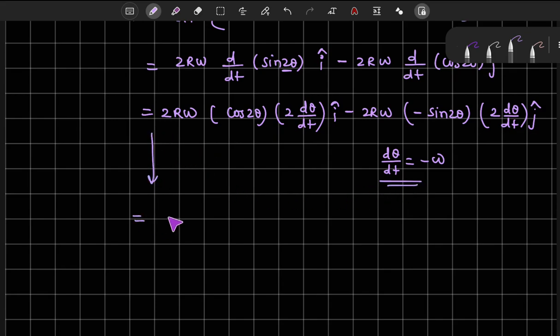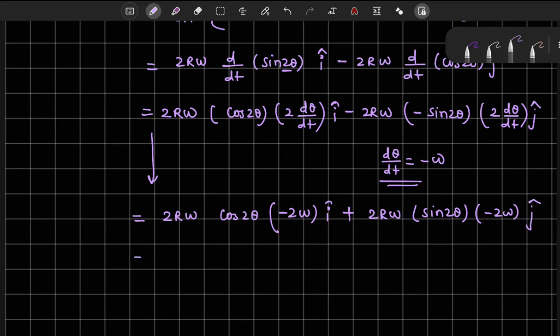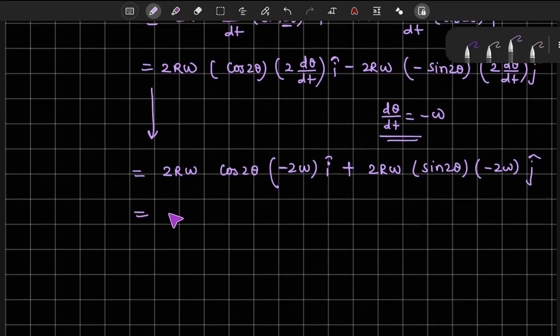So we get 2r omega cos 2 theta into minus 2 omega i cap minus 2r omega, or plus sin 2 theta into minus 2 omega j cap. So if we simplify this particular expression, then we will get minus 4r omega square cos 2 theta i cap minus 4r omega square sin 2 theta j cap.